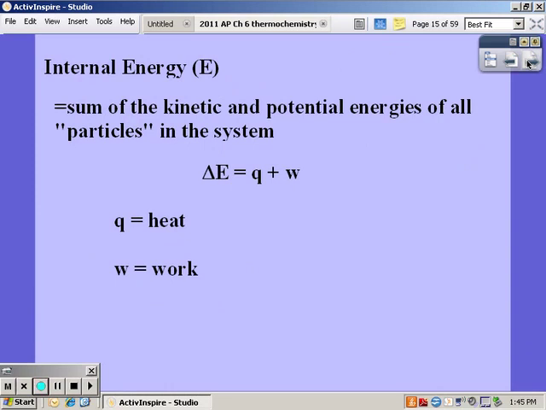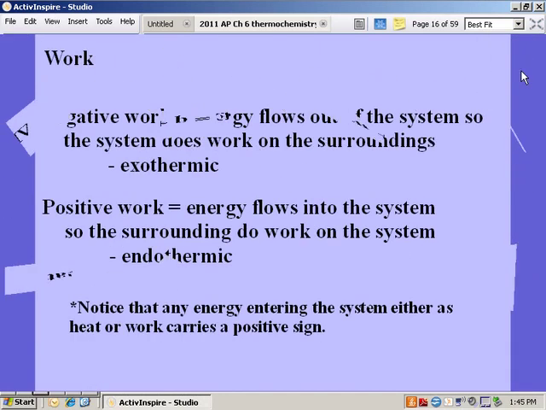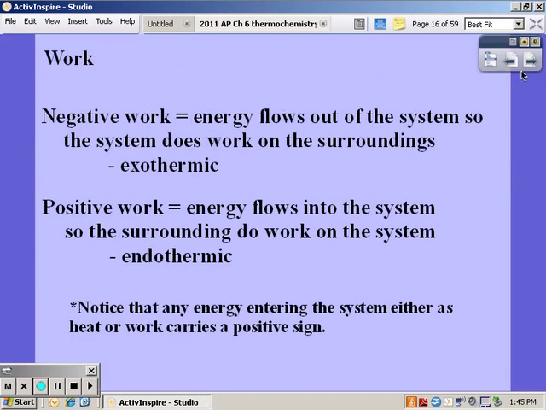Internal energy is the sum of all kinetic and potential energies in a system, and it's equal to Q plus W. Q is heat and W is work. Negative work means that energy is flowing out of the system, so the system does work on the surroundings. It's exothermic.